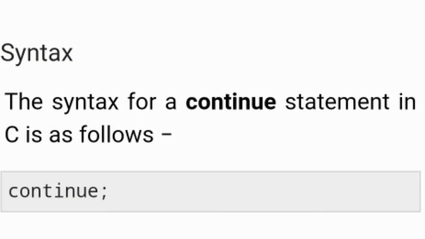For the for loop, the continue statement causes the conditional test and the increment portion of the loop to execute. For the while and do while loops, the continue statement causes the program control to pass to the conditional test.